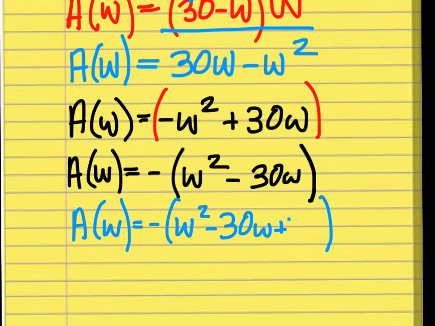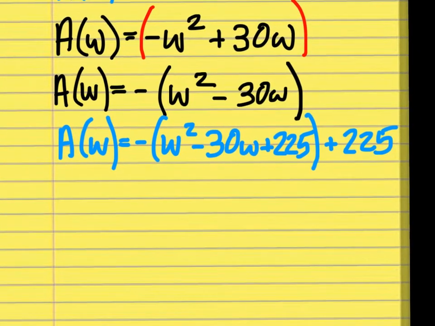So I'm adding 225 here, but did I really add 225? What did I really do? I subtracted 225 because this negative 1 out here must be acted upon by this to create a negative 225. So if I've subtracted 225 and I'm going to stay on the same side outside of these parentheses, I must do the opposite of that to balance it out. So I must add 225.